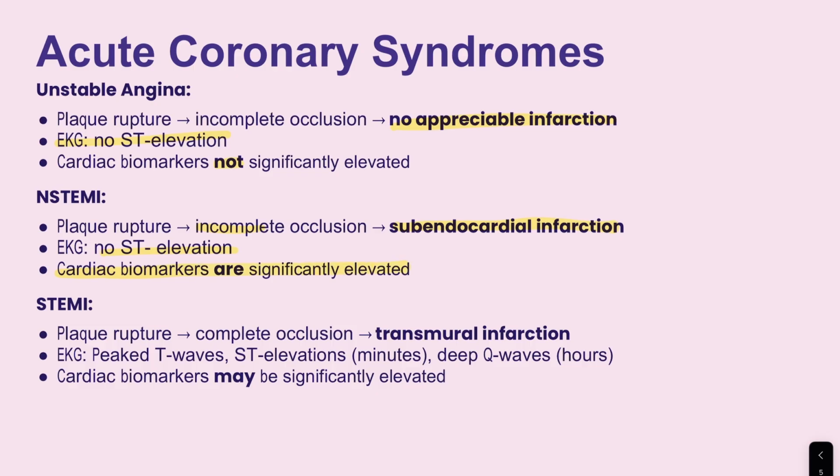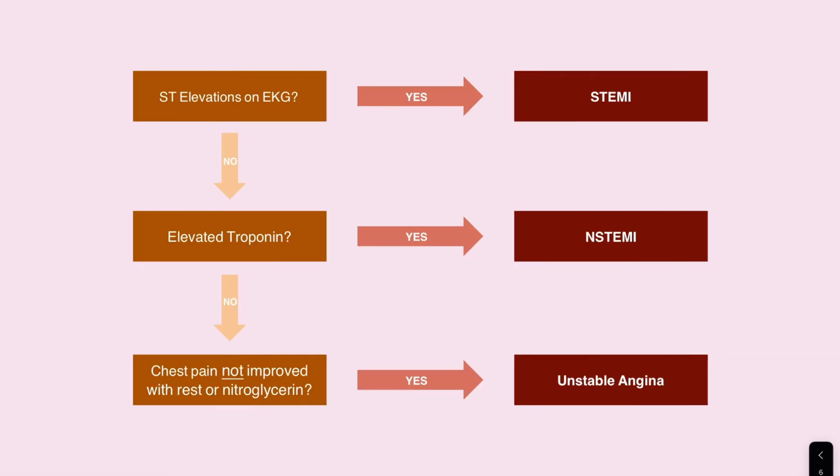When you measure your troponin, you're going to see a bump in the troponin. It's going to go up. And then last we have STEMI. Again, we start with the plaque rupture, but here we have a complete occlusion and a transmural infarction. So on that EKG, we talked about this a little bit, we have the peaked T waves, the ST elevations, the deep Q waves, and those cardiac biomarkers may or may not be significantly elevated in this case.